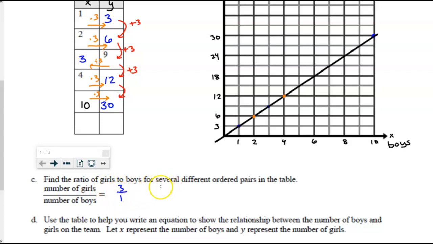The number of boys could be 6 and 2 girls, and so on. And recognize each one of these are equivalent ratios. We're going to write that down. These are equivalent ratios. And you might remember that the definition of a proportional relationship is equivalent ratios.